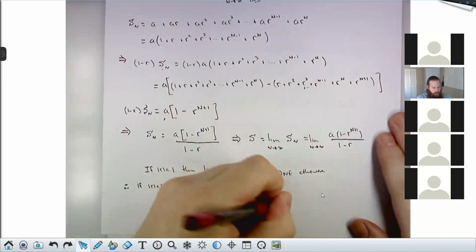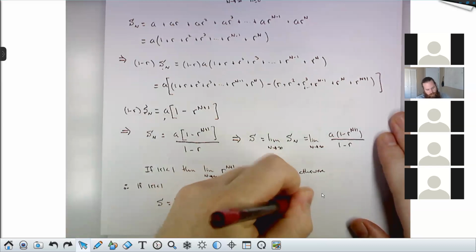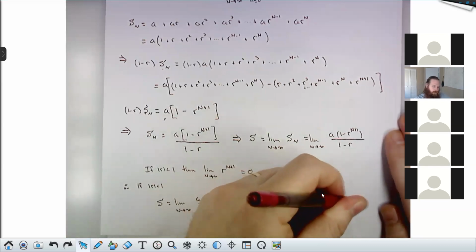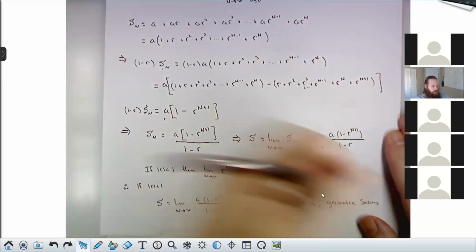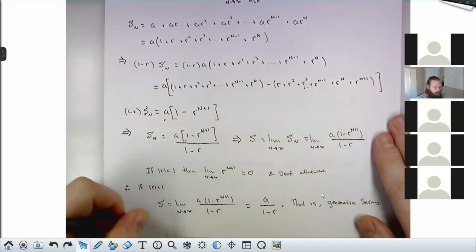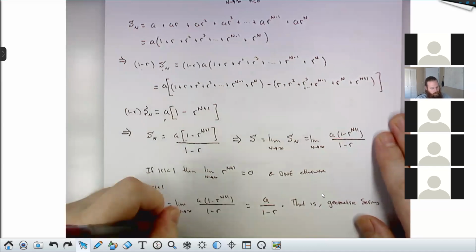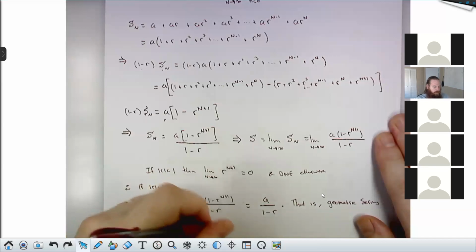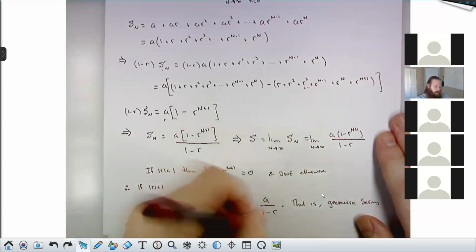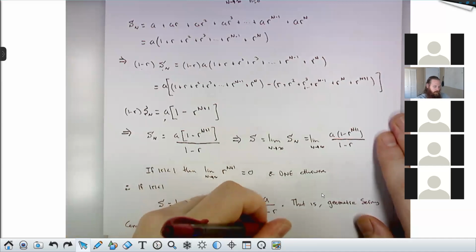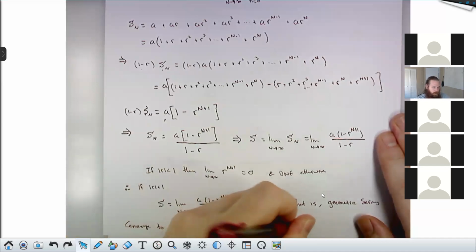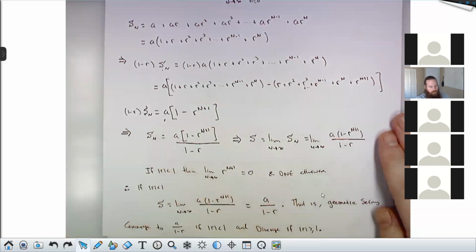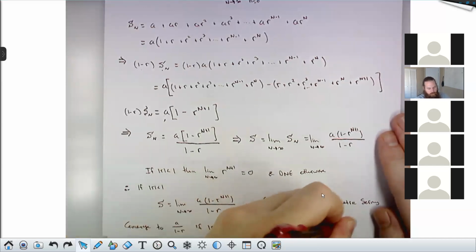In other words, geometric series converge to a over 1 minus r if the absolute value of r is less than 1, and diverge if the absolute value of r is greater than or equal to 1. And that's exactly what we wanted to show. That is the statement of the theorem.